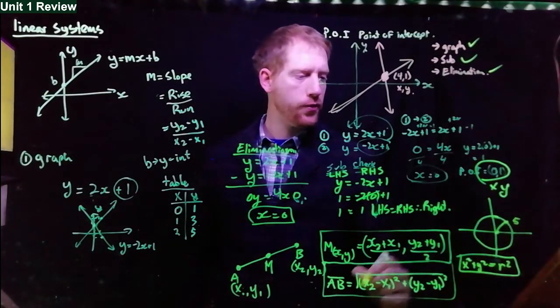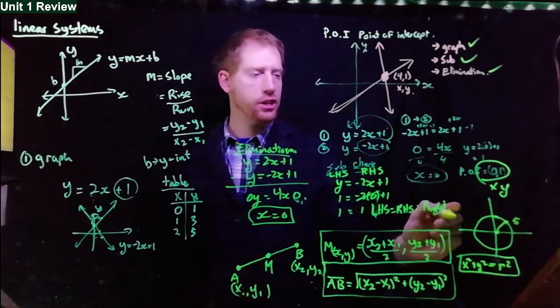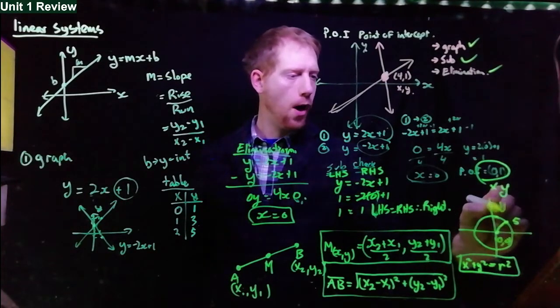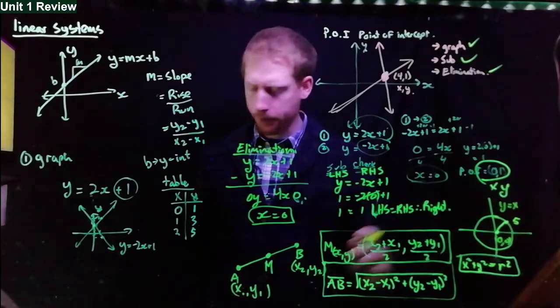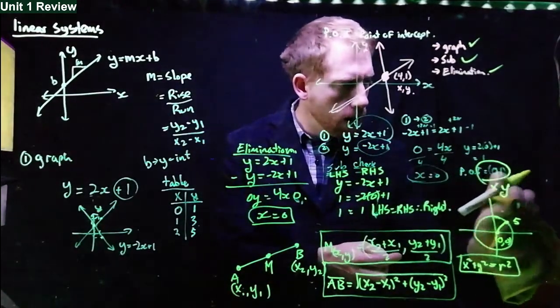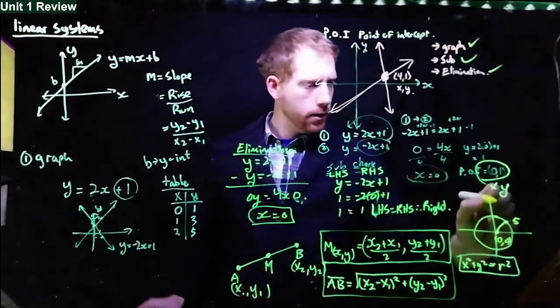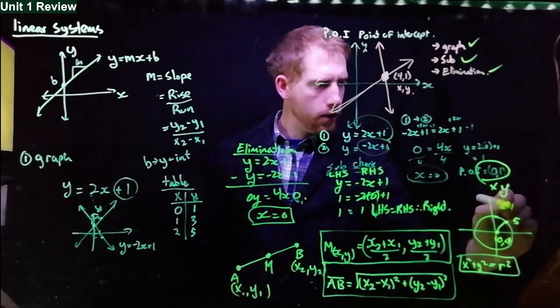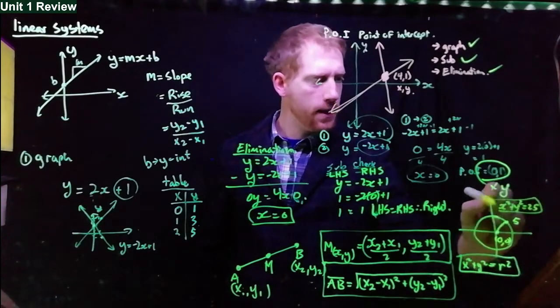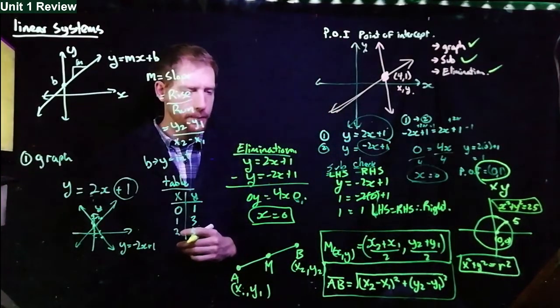If the radius was 5, and the origin is 0, 0, the equation would be x squared plus y squared is equal to 25. That would be the equation for this circle right here.